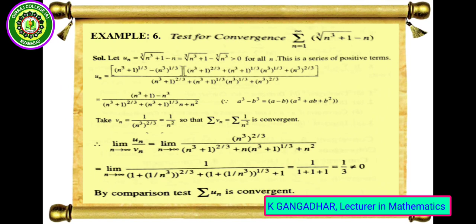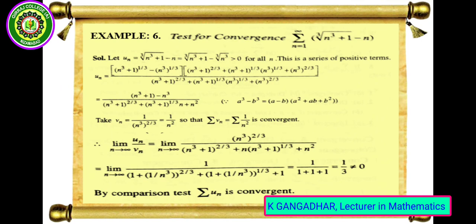That formula we apply here. Then the numerator is rationalized. Then we get 1 by n cube plus 1 power 2 by 3 plus n cube plus 1 power 1 by 3 into n plus n square.